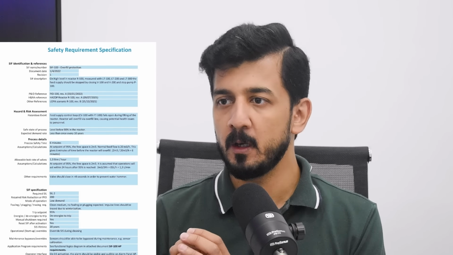This safety requirement specification acts as a backbone or a design standard to this particular project that you are doing. So every project has a safety requirement specification. And then you're gonna know your safety instrumented functions very well, and you're gonna have to incorporate them in your selected safety system. But of course, there's a procedure to that.